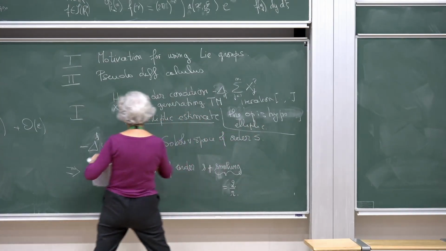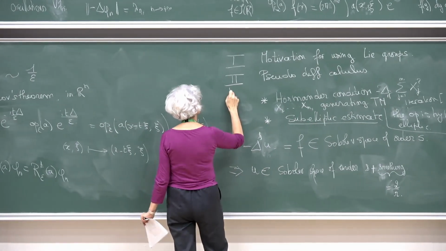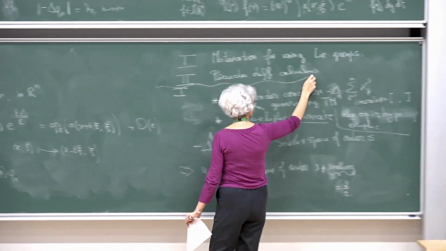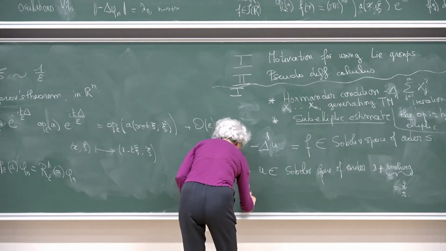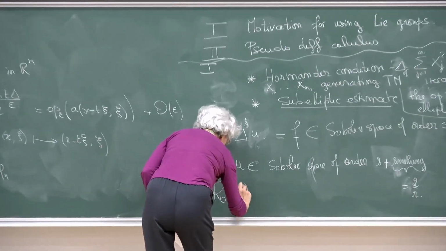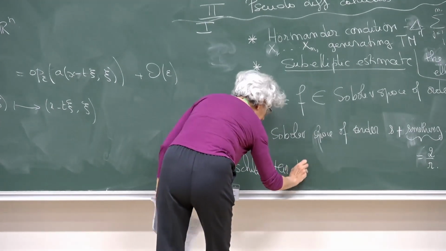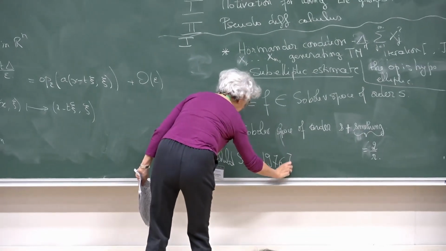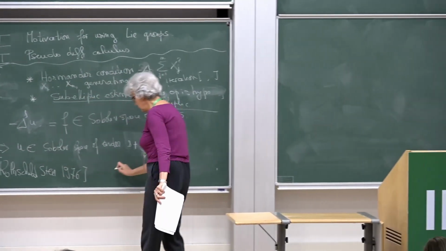This sub-elliptic estimate has been proved by Rothschild and Stein in 1976. And what they do, in fact, is just using Lie groups.